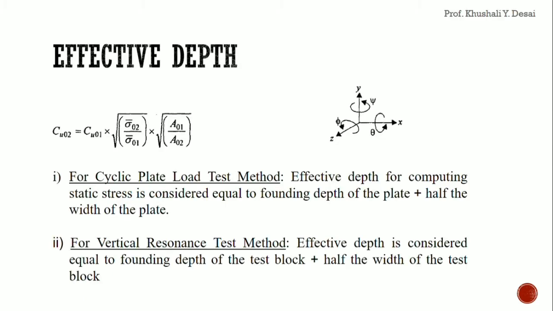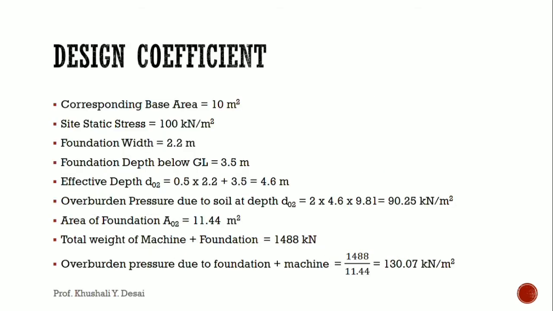The reference says that the effective depth can be calculated as foundation depth plus half the width of the foundation. In order to calculate the same, first we'll go back to the corresponding base area, given as 10 meters square. Site static stress is 100, given.